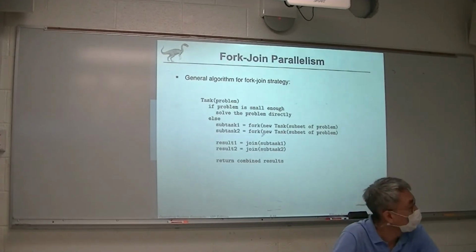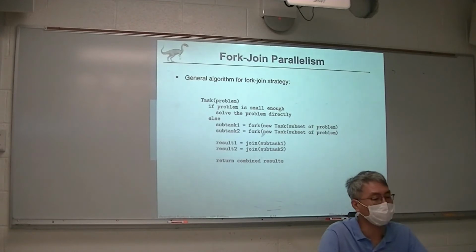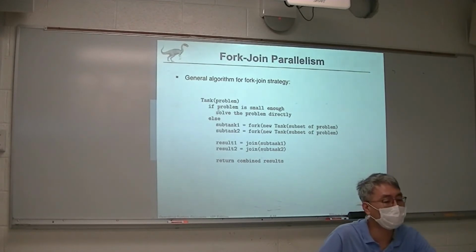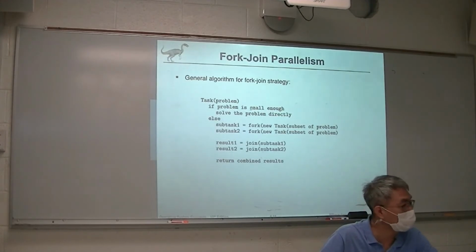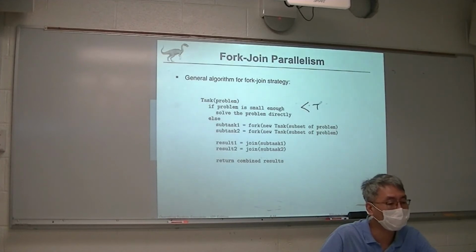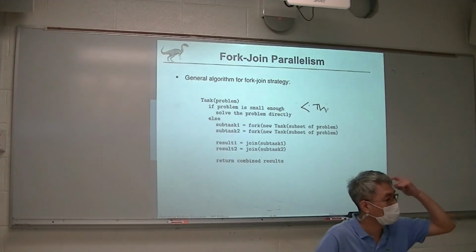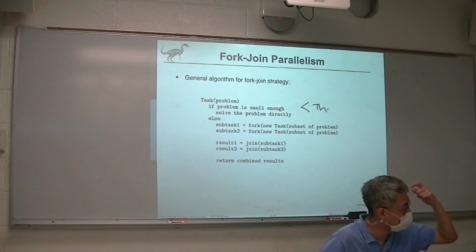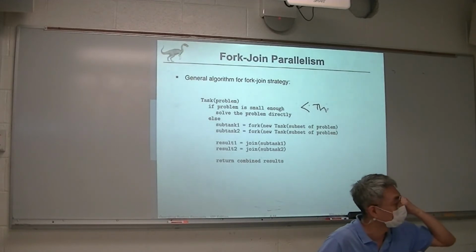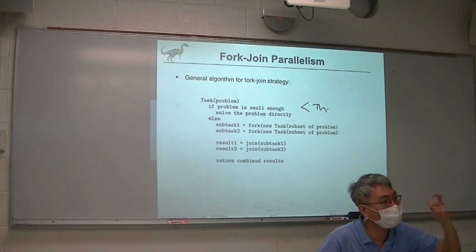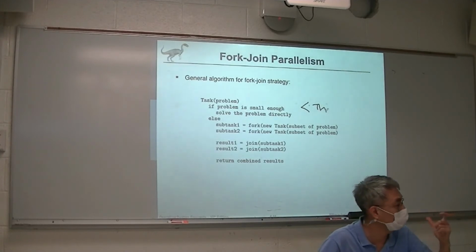So this is pseudocode. It's not specific to any programming language. As you can see, we are going to start when the task is small enough, that means less than the threshold value, which is the condition to start. If you remember the class on recursion, in the data structure class, the recursion should have a base condition.